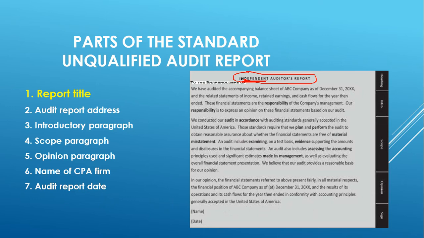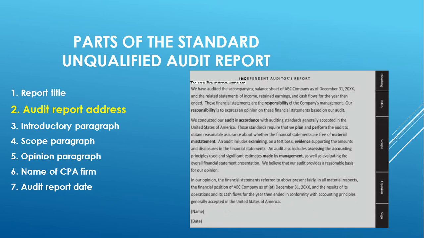And the second part is the audit report address, or we can call it addressee. That means the audit report is addressed to shareholders, or sometimes we can say stockholders.